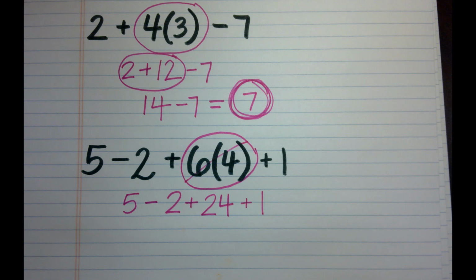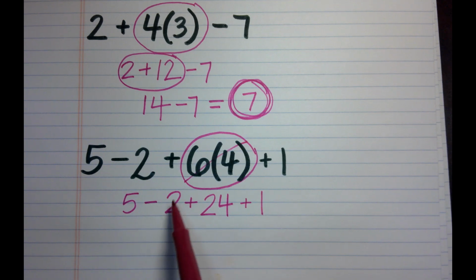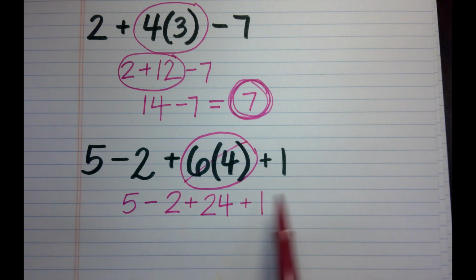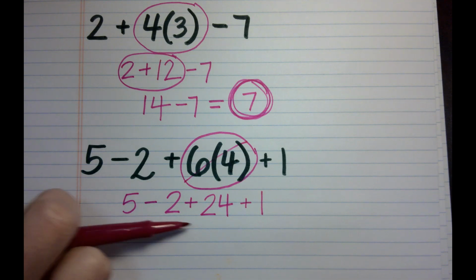Okay. You could add your 24 plus 2 plus 1. Oh, okay. So we're doing the addition first? Yeah, you could do addition first, absolutely. We could also do it in order from left to right.